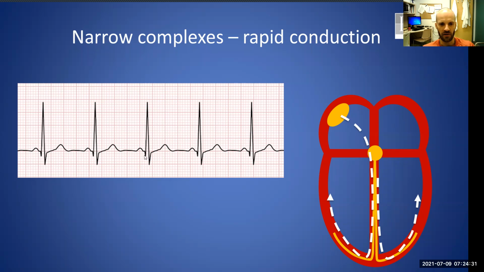Narrow complexes on a surface ECG represent rapid conduction, which represents the electricity traveling through the normal specialized conducting tissues of the heart. Okay. If you haven't got narrow complexes, it suggests that the electricity is traveling through something other than just the normal conducting system, and at least for a part of it is traveling myocyte to myocyte, just through the muscle tissue rather than the conducting tissue.